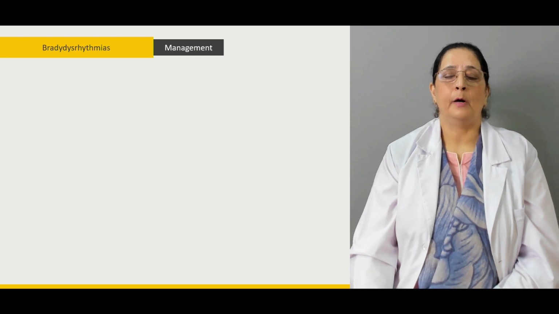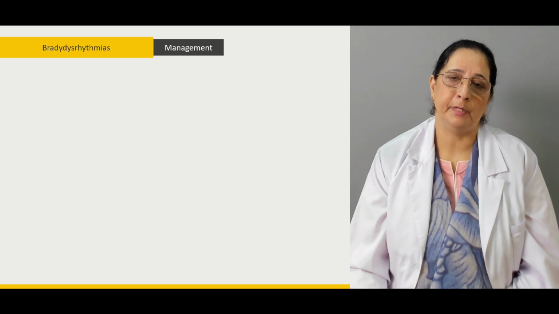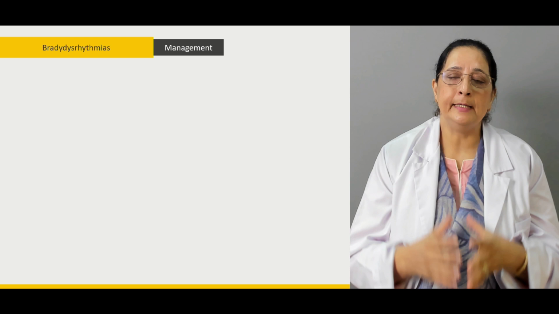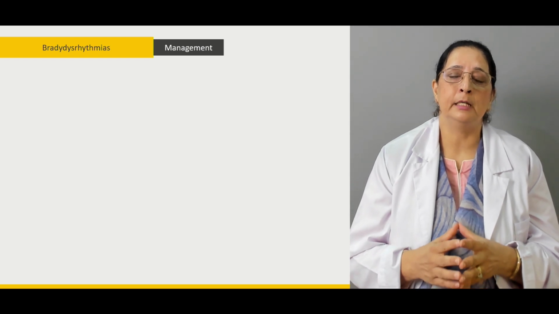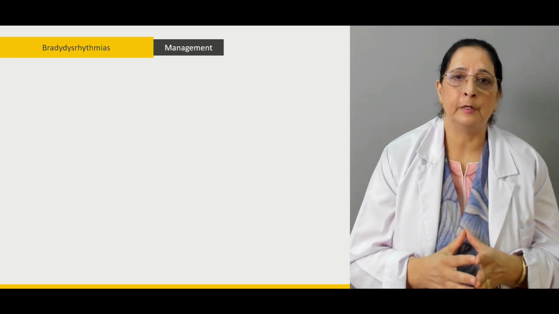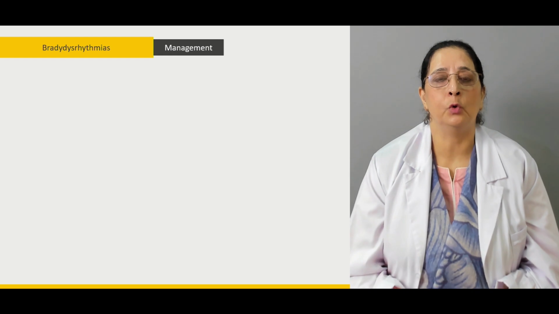Then we will talk about the management of some bradydysrhythmias, specifically bradydysrhythmias. Bradydysrhythmias are the slow rhythm of the heart when the impulse is generated very slowly from the SA node.